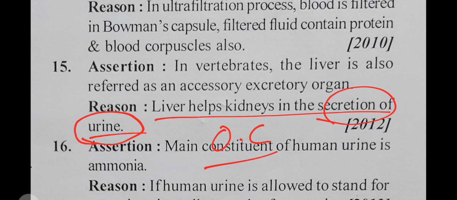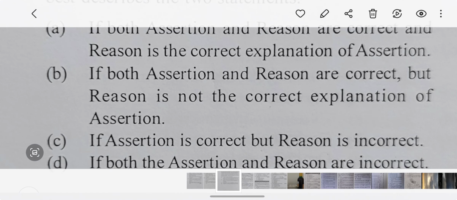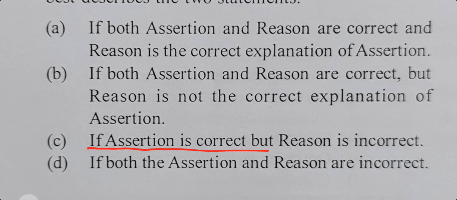It helps in the ornithine cycle. So the reason given here is wrong, and this is not the exact explanation of the assertion. So here the assertion is right and the reason is wrong. Again you have to go for the third option, that is, if assertion is correct but reason is incorrect.